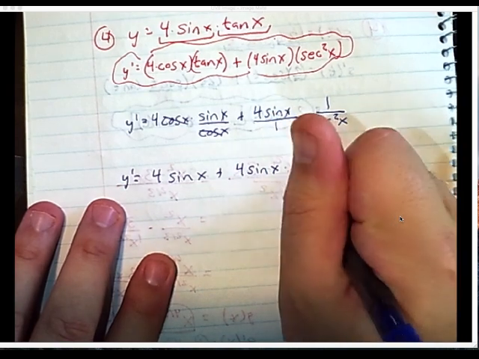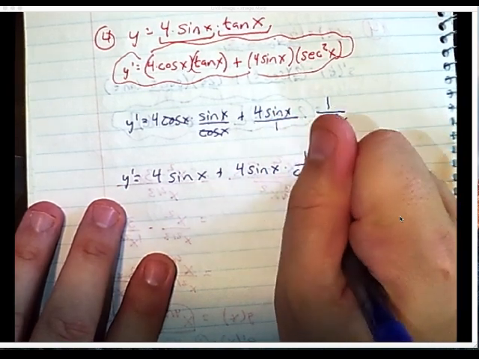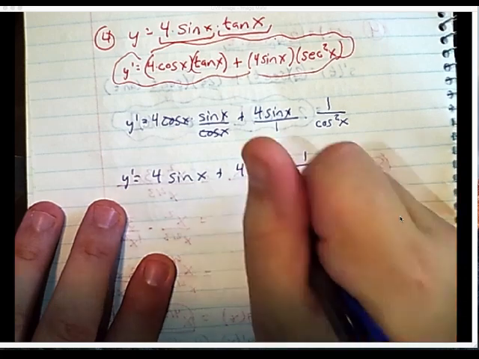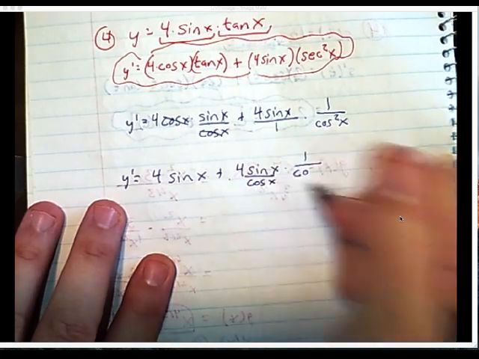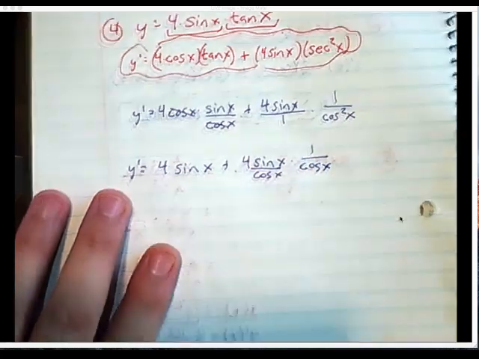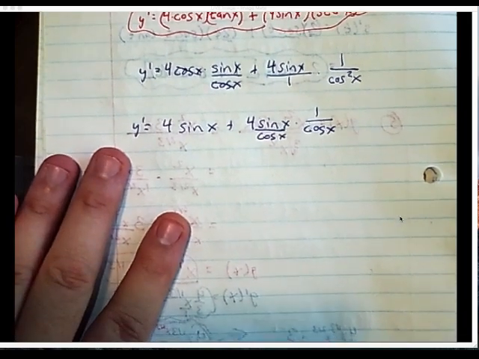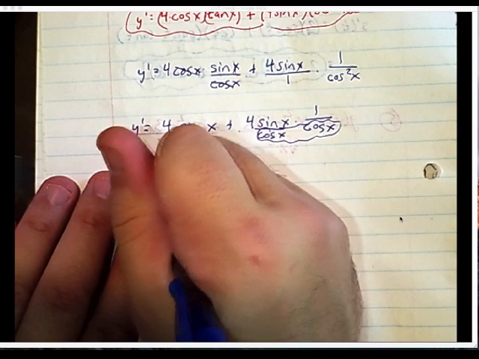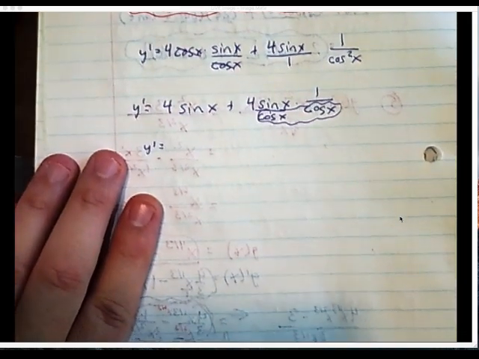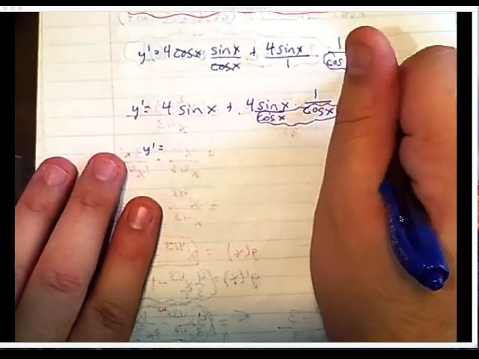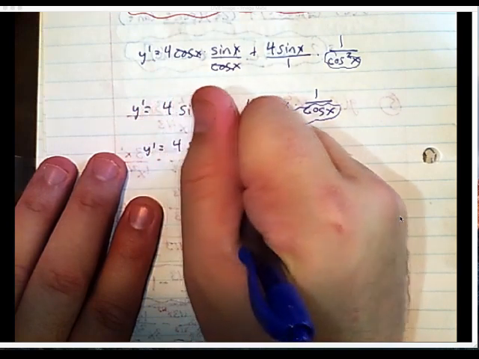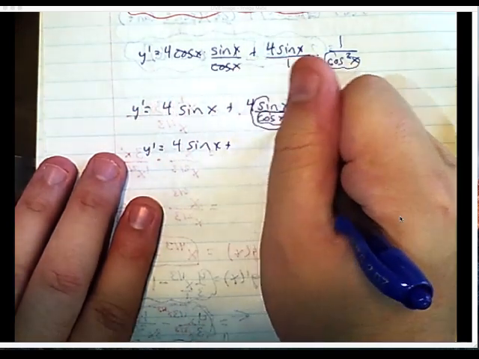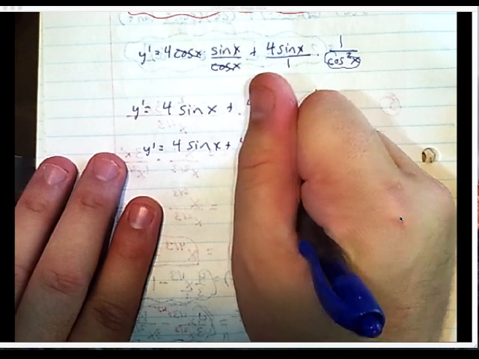Let's break this 1 over cosine squared up into, actually let's put one of the cosines underneath that sine and the other one by itself. Because you're still getting cosine squared. So this sine over cosine is tangent.